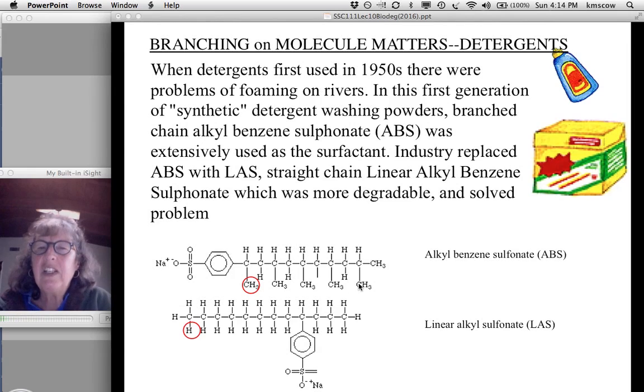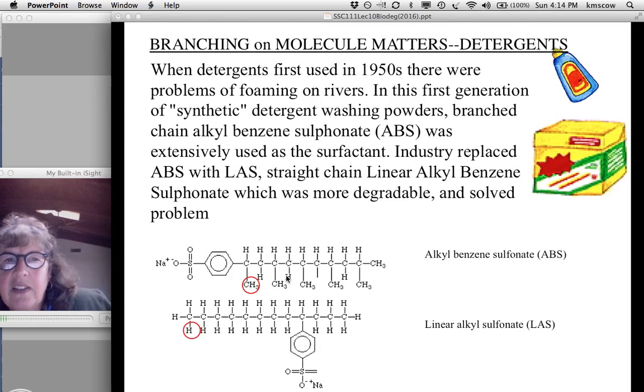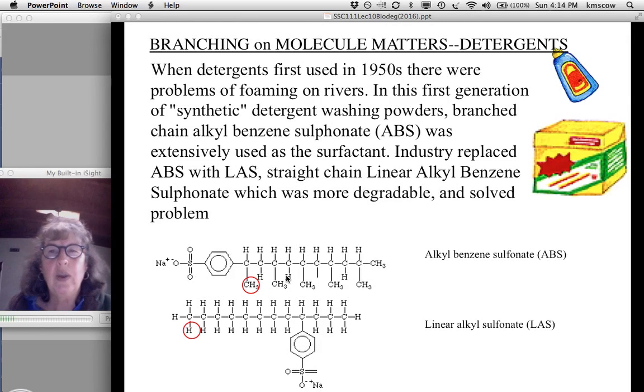So branching is another factor that determines how fast organic pollutants degrade. And here a really nice case study of this were detergents. When detergents were first starting to be used when I was a child in the 1950s, they created the first generation of detergents that went into washing machines, and they were made of alkyl benzene sulfonate, ABSs.